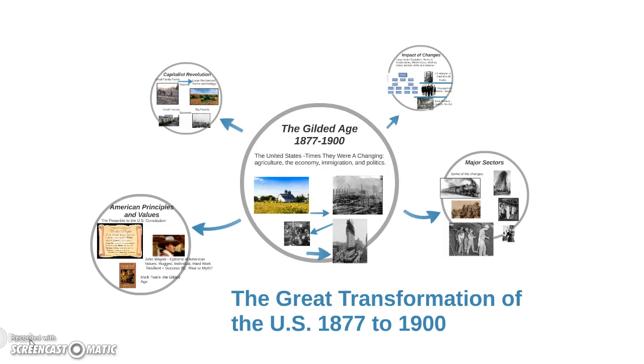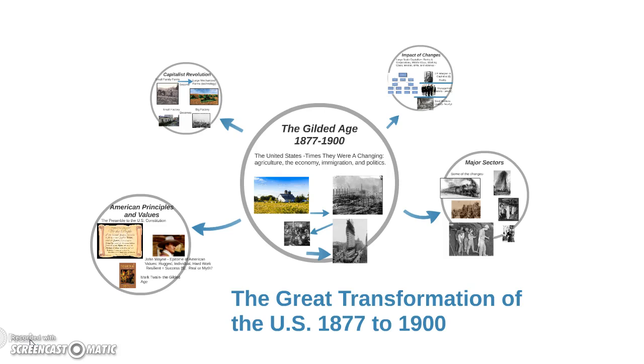Whatever it is, technology is certainly present in our lives, and it's always evolving at a faster and faster pace. Well, that was true of the 1877 to 1900 period. Some of the new things that came out of that era were light bulbs, elevators, refrigerated rail cars, the telephone. We're going to have mass print newspapers. So things that we really take for granted today were, at the time, cutting-edge developments that changed the way people live.